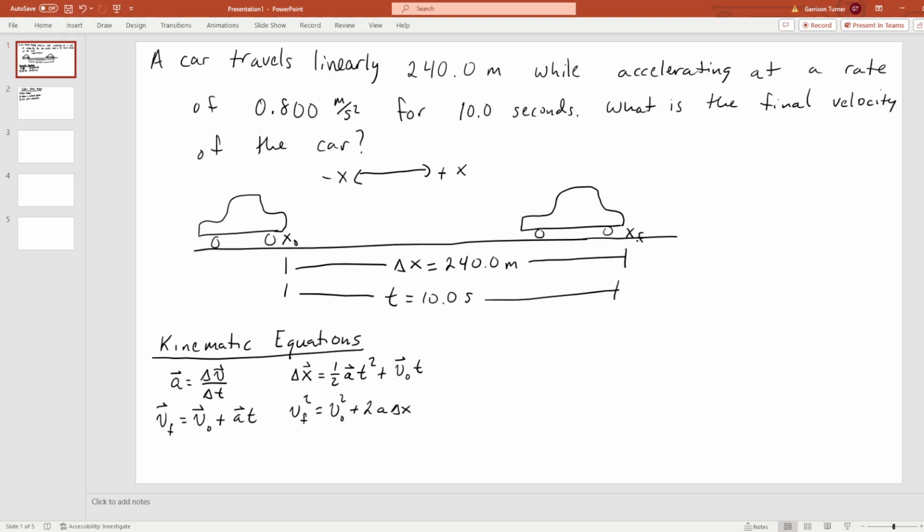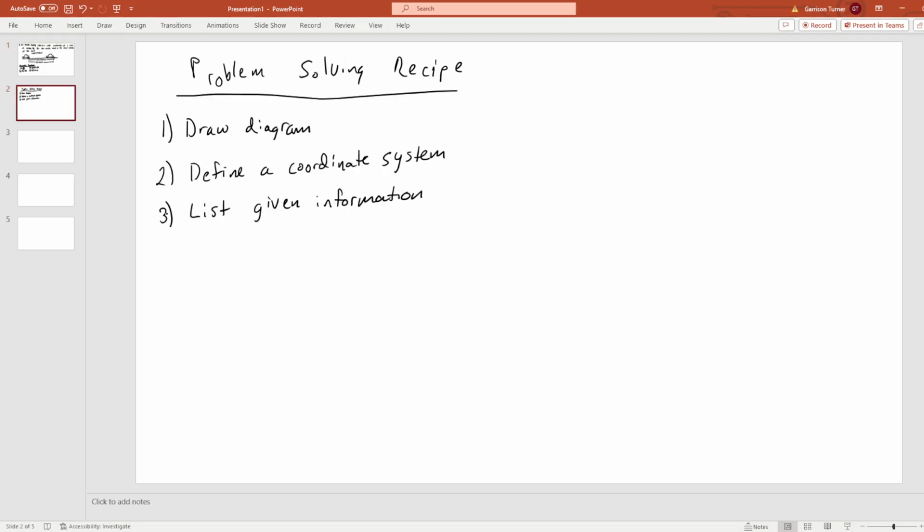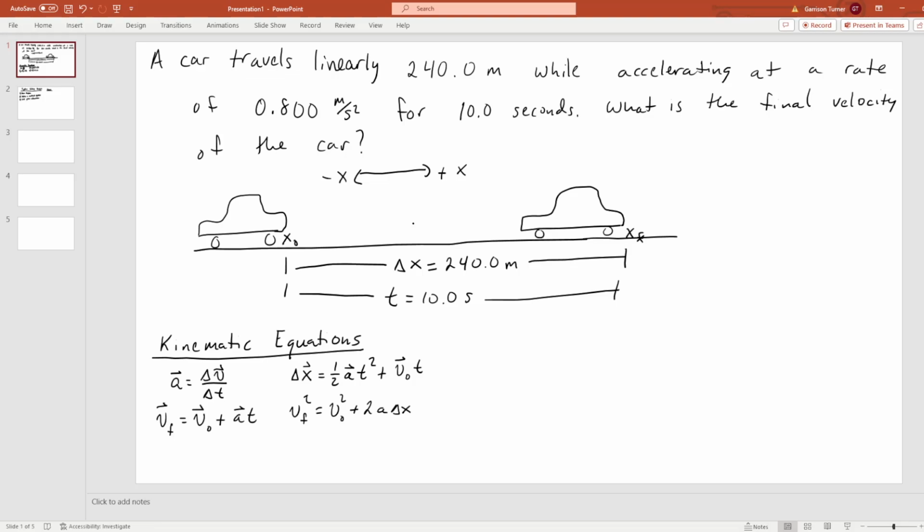Now, let's just go through and list our given information. And then we'll come back and look at this in a little bit. But first things first, 240 meters. This is a unit of length.